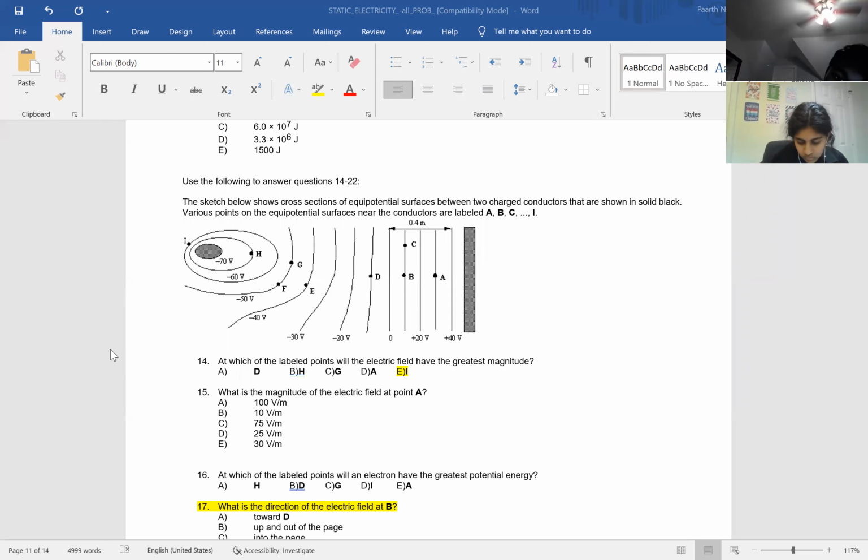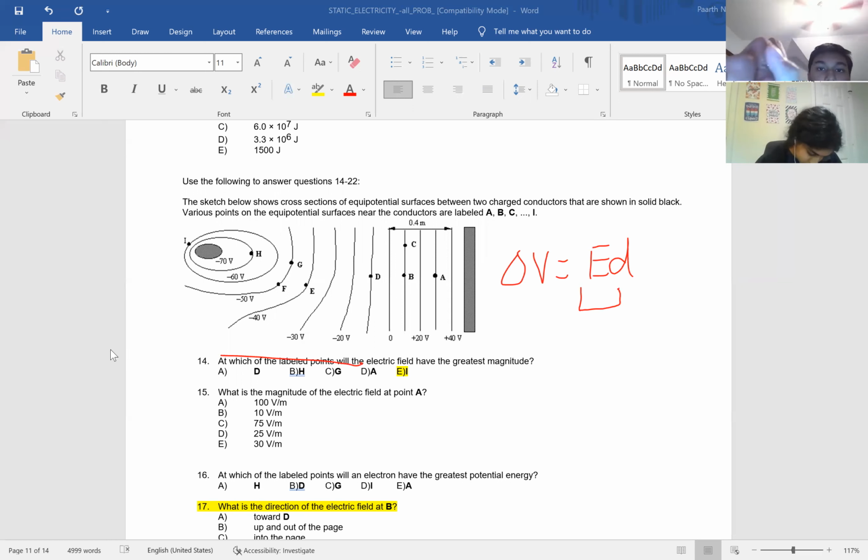So change in V equals, remember we said ED, so that means that if this is negative, the change in the voltage would also be negative, right? So if you place a positive charge at point F, it's going to want to go towards the negative side, right?